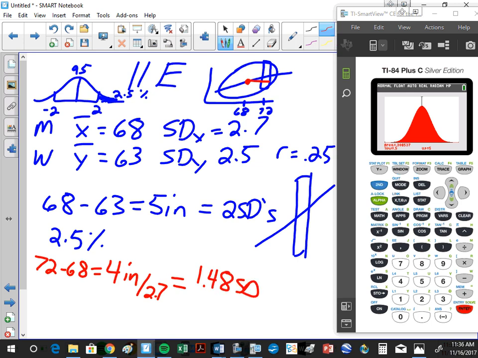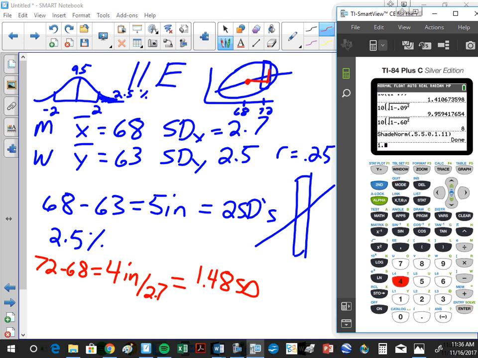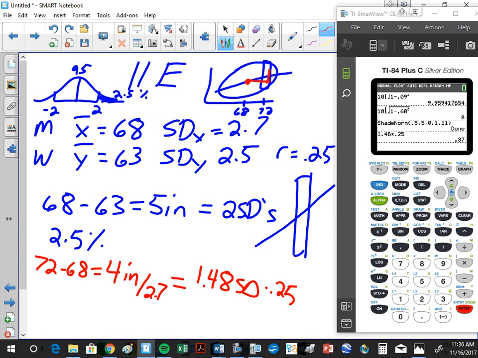Right? Now I need to go up 1.48 SDs times R. So 1.48 times 0.25 is 0.37 SDs. So we're going to go up 0.37 SDs.